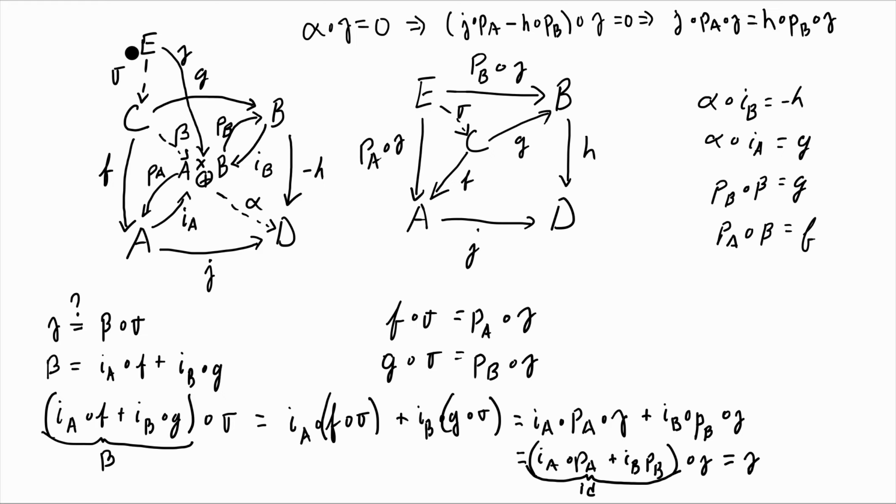We're going to take an object, E, and a morphism, gamma, that goes to this direct sum, such that the composition gamma followed by alpha will be 0. So we can replace alpha with the sum of these two routes going this way and that way, compose it with gamma equaling 0, and distributing through, we notice that we get some things that are equal.